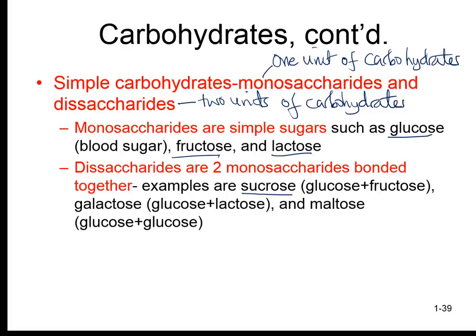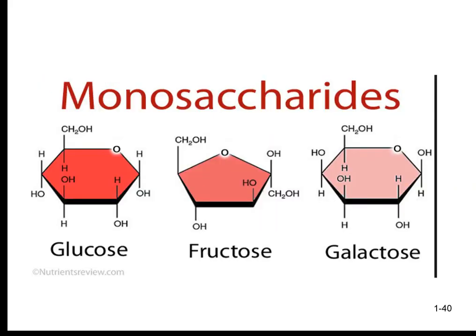Then we have lactose. Lactose is a combination of glucose and galactose. You need to memorize this. Then we have maltose. This one is a combination of glucose and glucose. So these are the disaccharides.